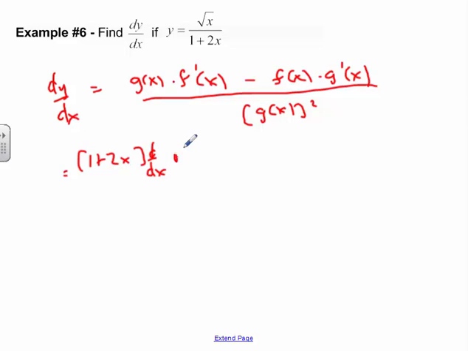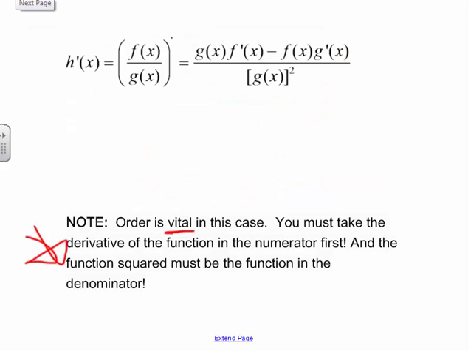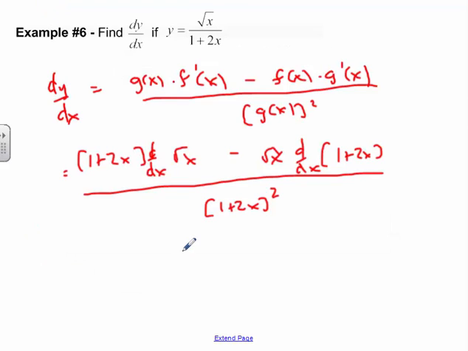Derivative of top, not quite ready to go there yet. Top. Derivative bottom. Bottom squared. Just want to make sure I wrote the formula down right, because there's nothing worse than writing the formula down wrong.